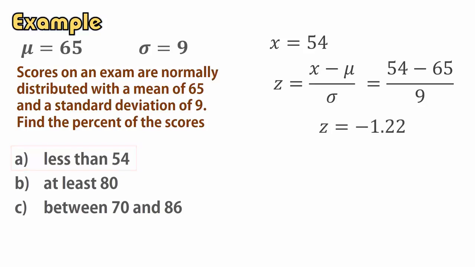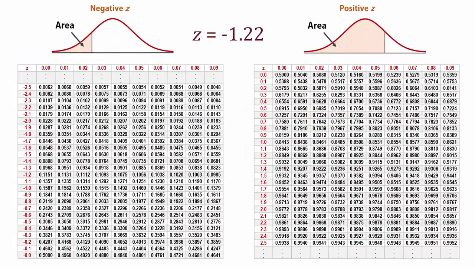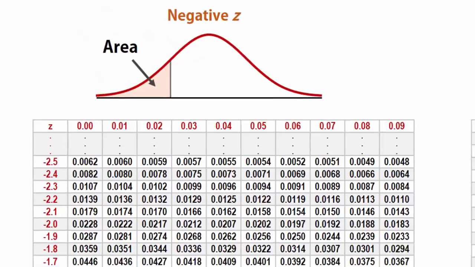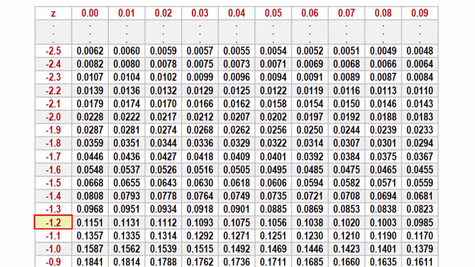We then go to the z-table and look up the area. For z equals negative 1.22, we go to the negative side of the table. Look for negative 1.2 in the first column and 0.02 at the top. The corresponding area here is 0.1112. That is, the area to the left of z equals negative 1.22 is 0.1112.